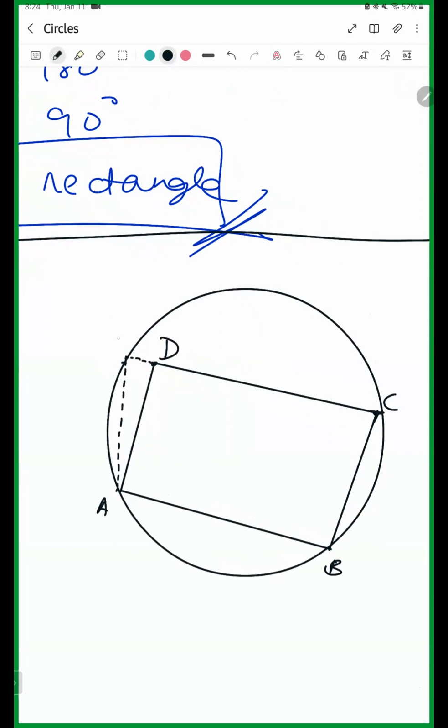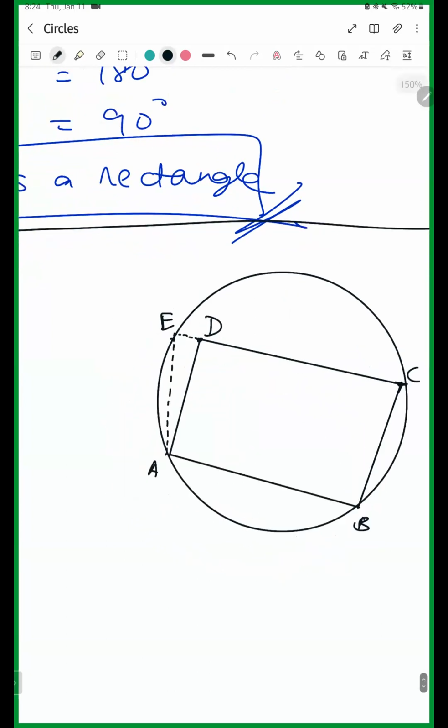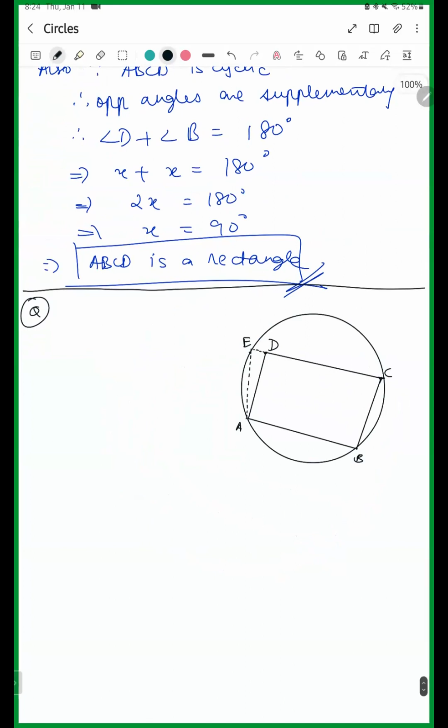It's okay. You just have to draw a rough one in your exam. ABCD is given as a parallelogram, and ABCE is a cyclic quadrilateral.